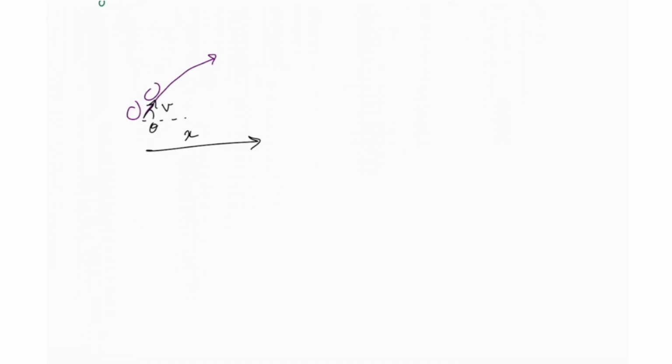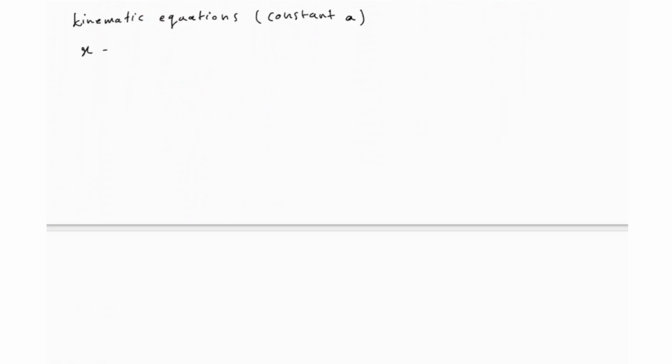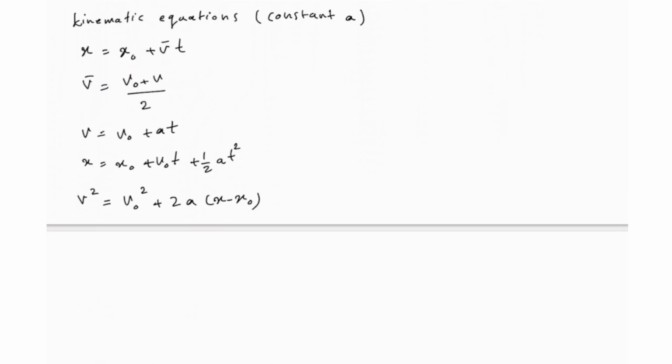As a reminder, I'm going to write down the kinematic equations for a motion with constant acceleration. To find the equations for horizontal and vertical motions, let's first specify the position, velocity, and acceleration for each motion. We will show the position along the x-axis with the symbol x, and the position along the y-axis with the symbol y.